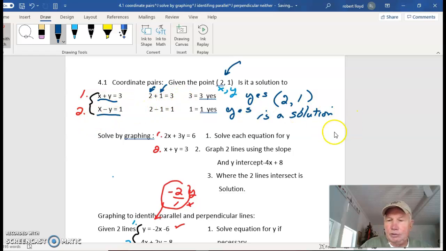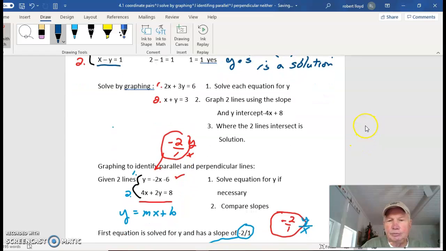Solve by graphing. I'm going to give you a couple of steps here, and if you follow them, I think you'll do fine. Solve each equation for y. Then graph the two lines using the slope and the y-intercept.